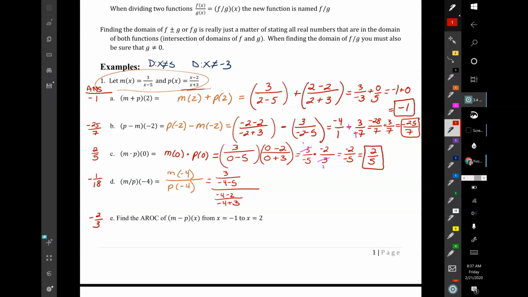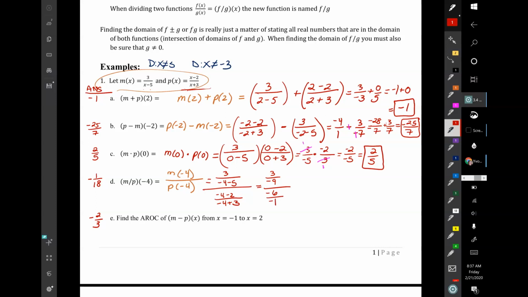Now that will simplify to, let's fix that, 3/-9, all divided by -6 divided by -1.